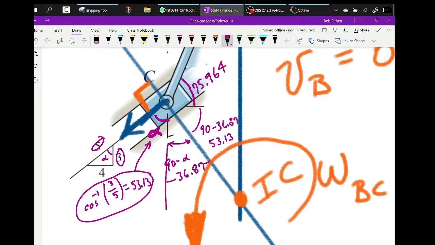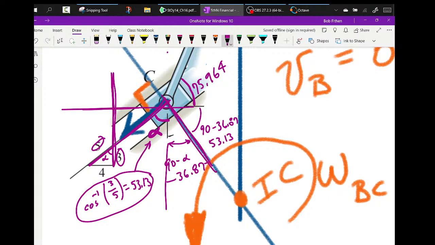Now, here's the part where talent is embedded. It depends on how your brain is operating that time. If I look at this, I should have known that, because of an interesting fact. This line is perpendicular to that line, and this line is perpendicular to that line.